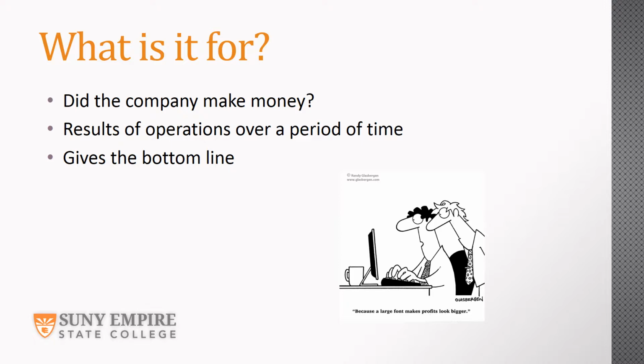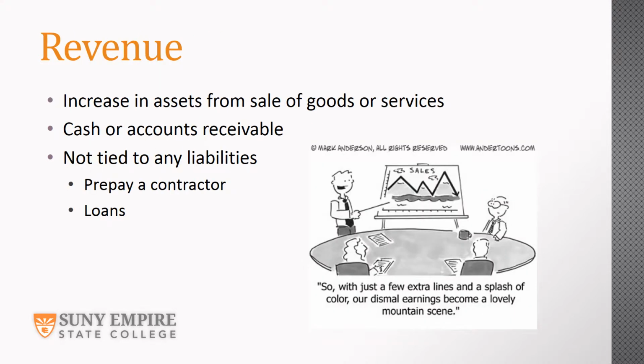Now that we have a general idea about the purpose for an income statement, let's consider the information contained in this financial statement. Revenue is anything that will cause an increase in a company's assets. Revenues are usually created by selling their goods or providing services.